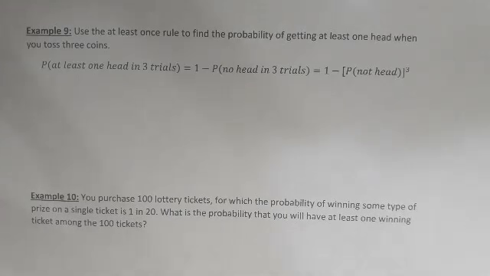So P of at least one head in 3 trials. And so going back, if you want to look at those 8 different outcomes that we got back in 7A, we're using the at least once rule. So the probability of at least one head in 3 trials is the same thing as doing 1 minus no head in 3 trials.